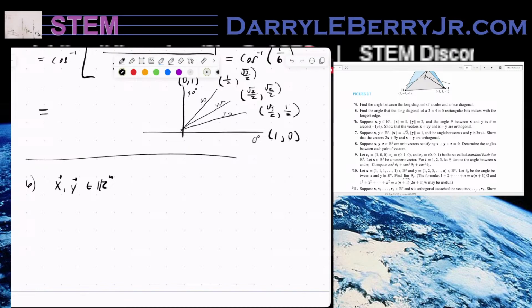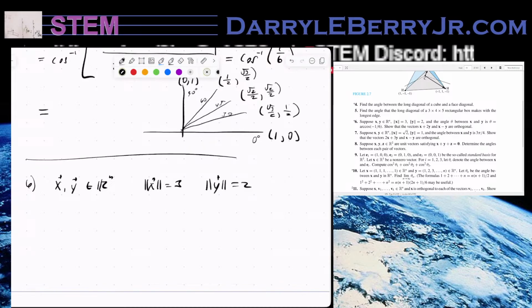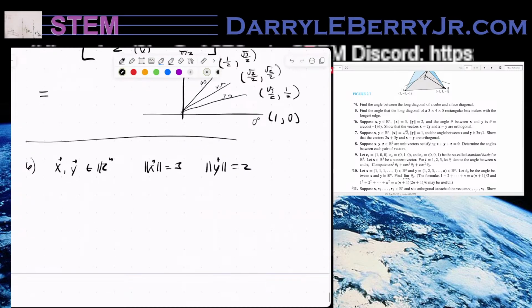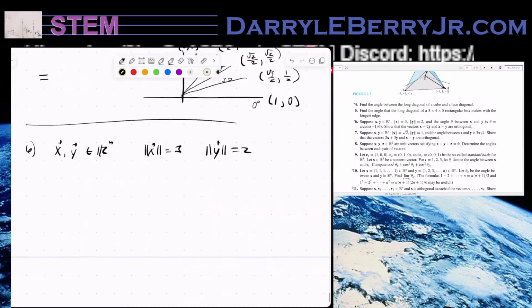The magnitude of X equals 3. The magnitude of Y equals 2. And the angle theta between them equals cosine inverse of negative 1 over 6.